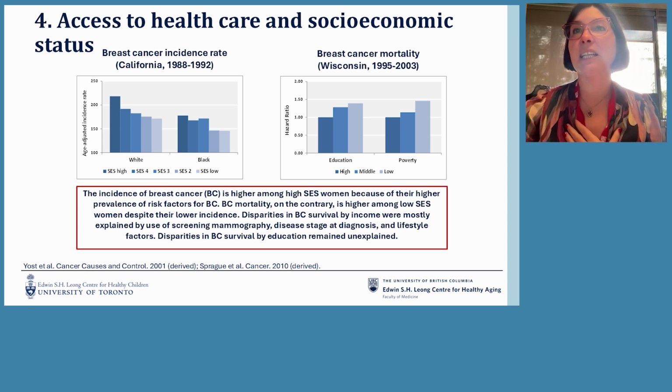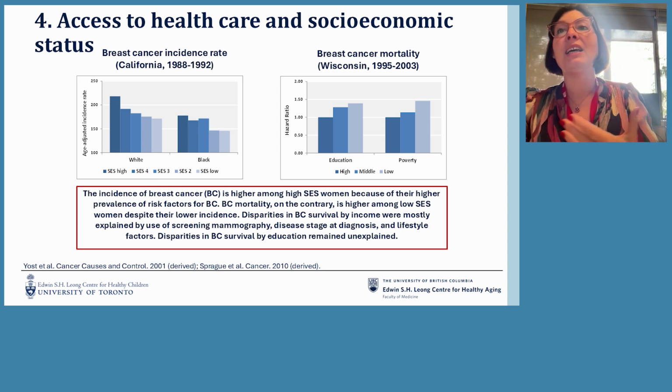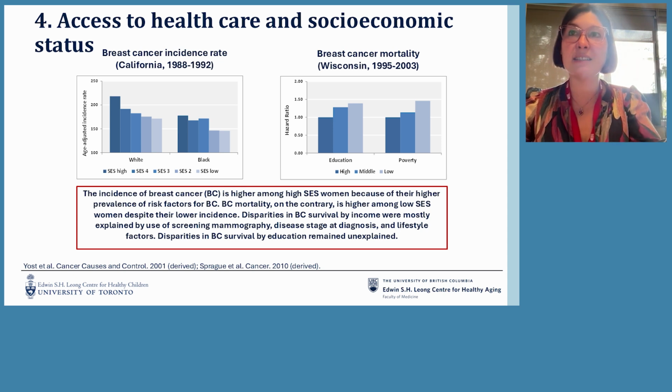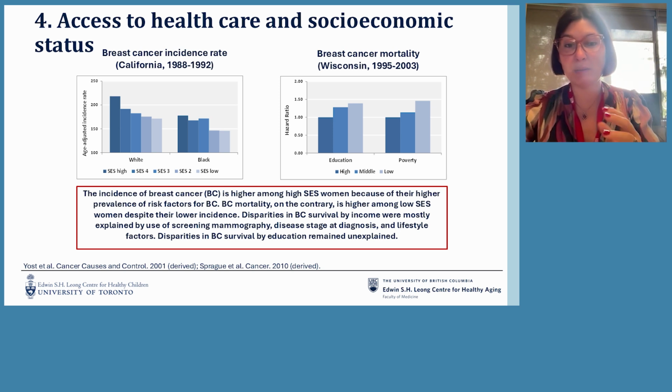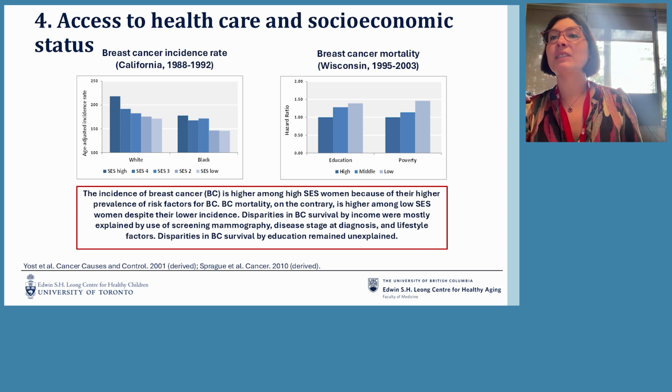What is very striking to see here is that the incidence of breast cancer is actually higher among white women than Black women, and it follows a reverse social pattern with highly educated women having a higher incidence of breast cancer, and the more disadvantaged women having a lower incidence.